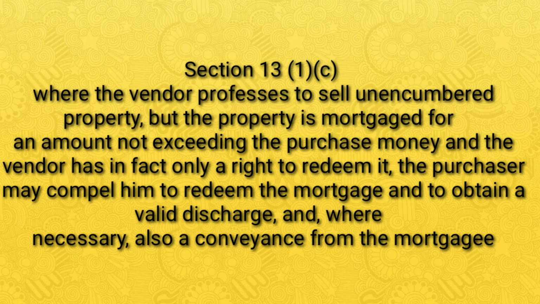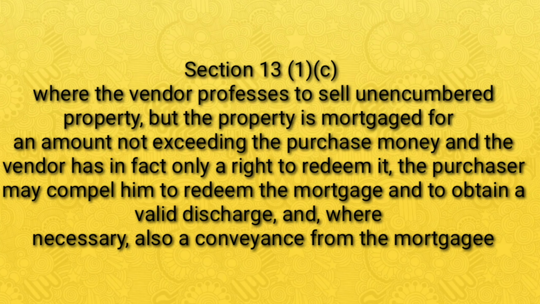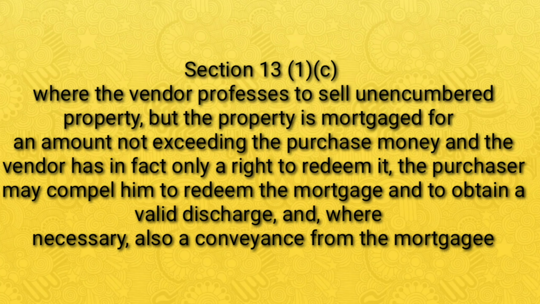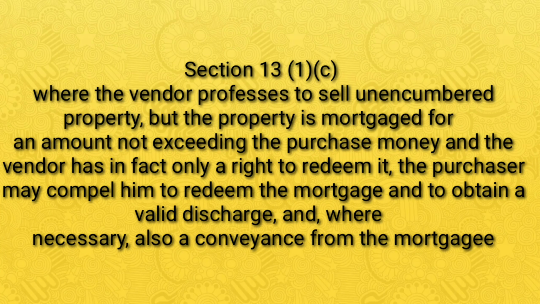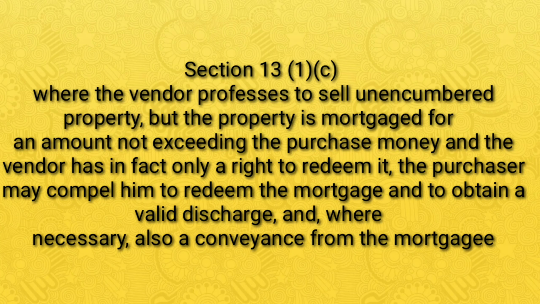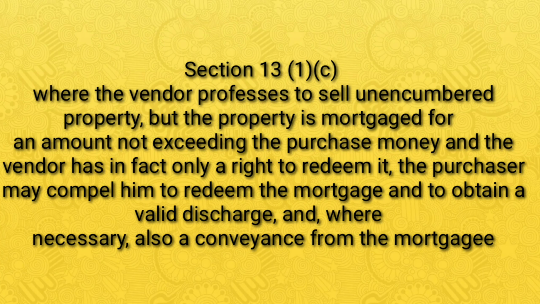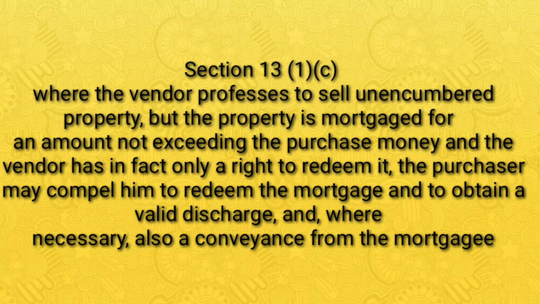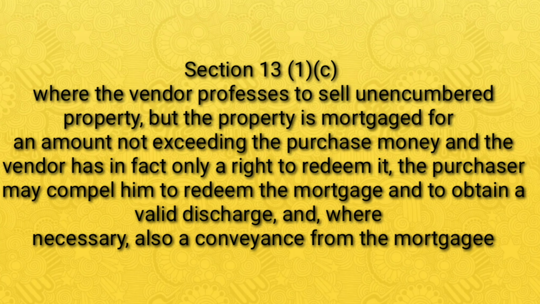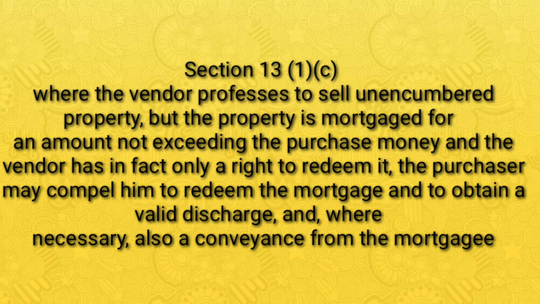Clause C says that where the vendor professed to sell unencumbered property, but the property is mortgaged for an amount not exceeding the purchase money and the vendor has in fact only a right to redeem it, the purchaser may compel him to redeem the mortgage and to obtain a valid discharge, and where necessary also a conveyance from the mortgagee.